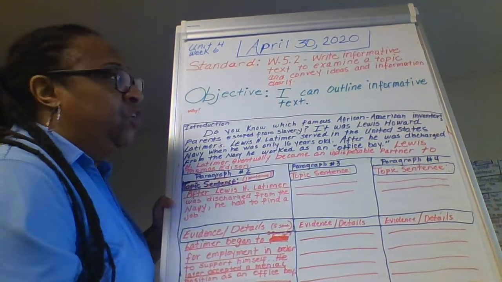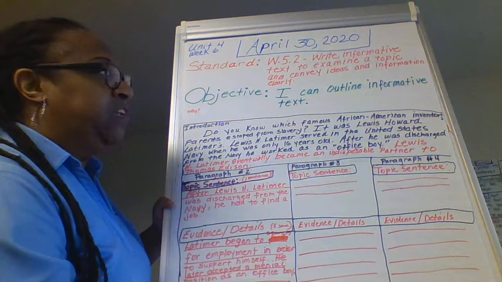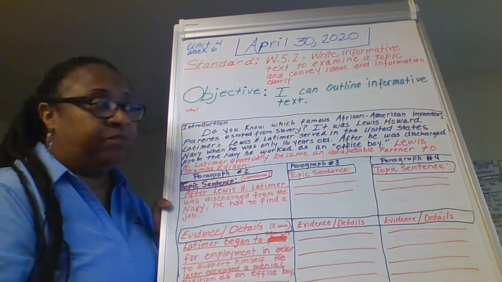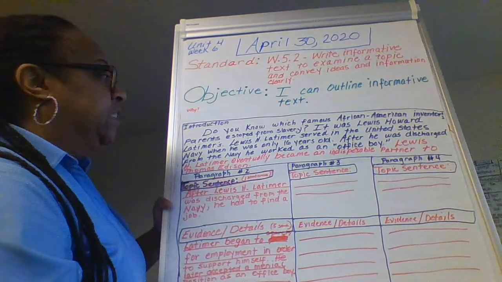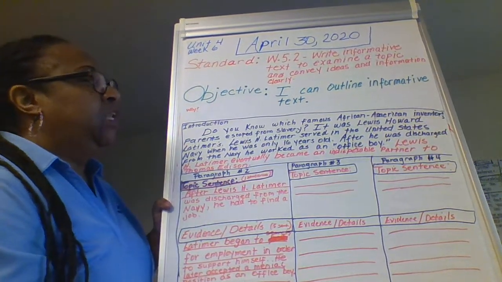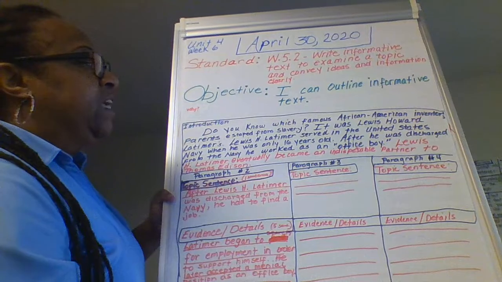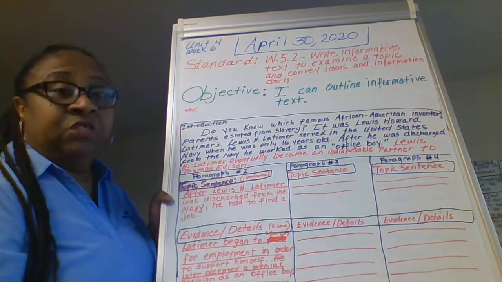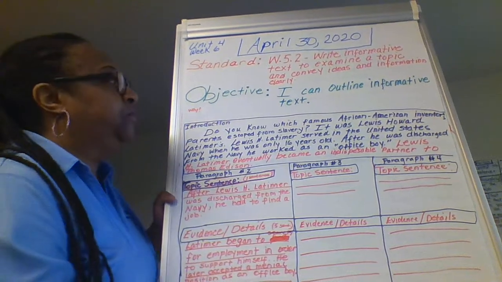It says, do you know which famous African American inventor's parents escaped from slavery? It was Lewis Howard Latimer's. Lewis H. Latimer served in the United States Navy when he was only 16 years old.